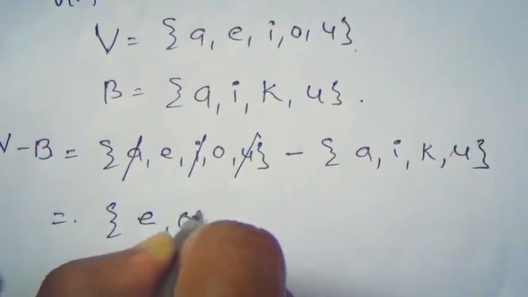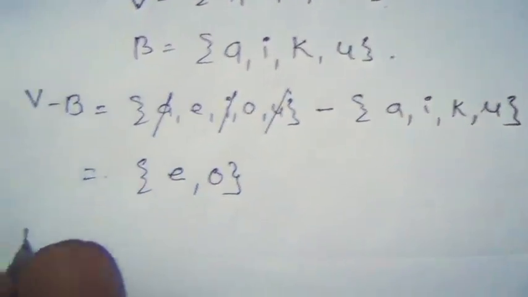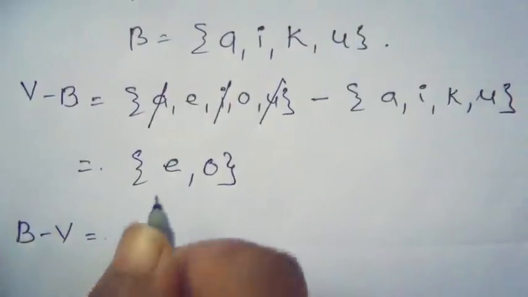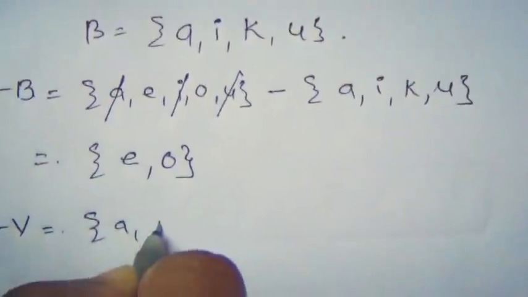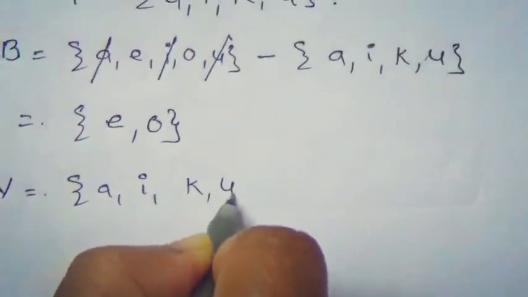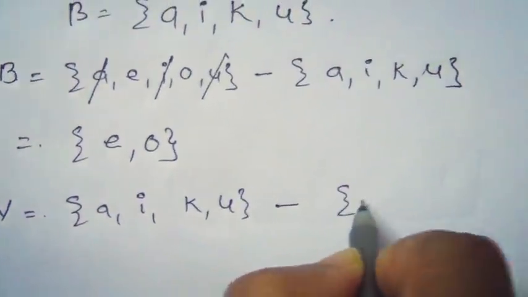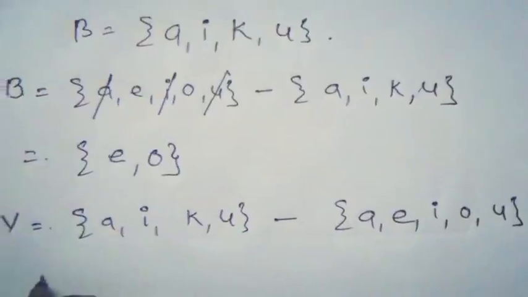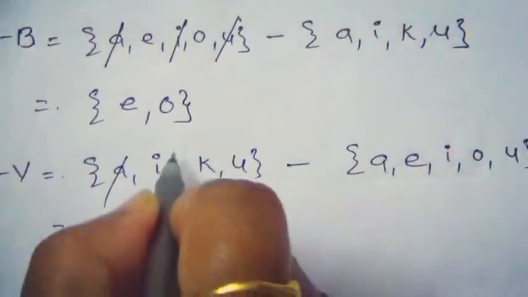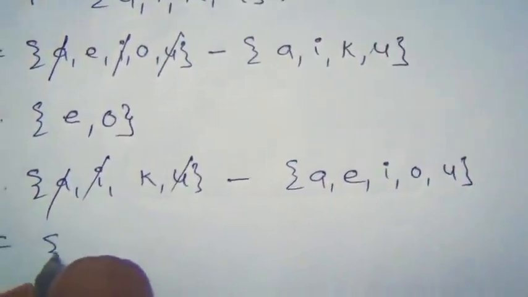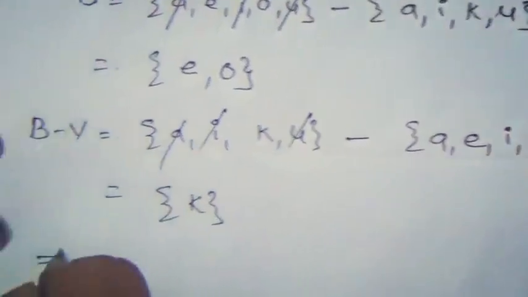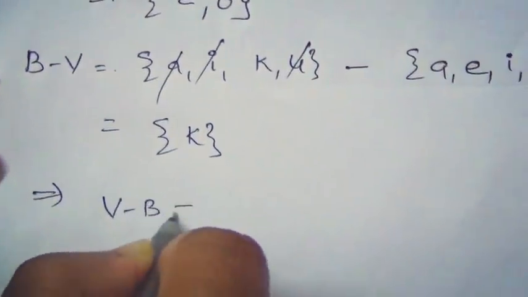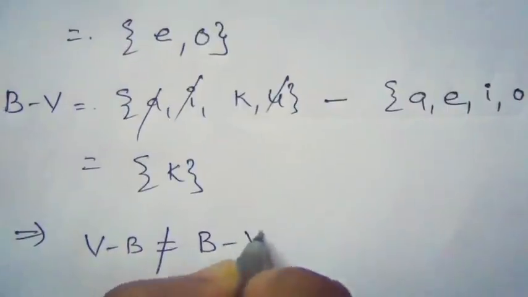E and O. That's it. B minus V: A, I, K, U minus A, E, I, O, U. You strike out A, I, U. Only we have K. So from here, V minus B is not equal to B minus V.